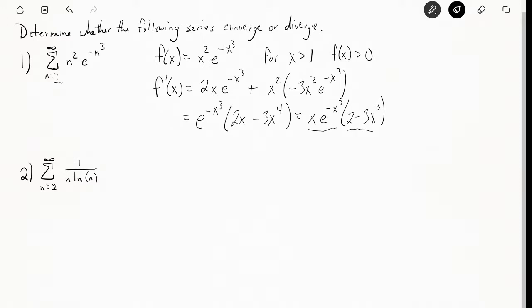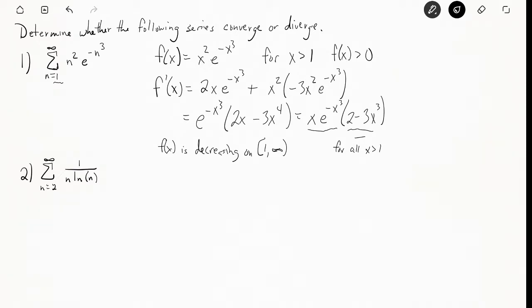So this is negative for all x greater than 1, so this function is decreasing on the interval 1 to infinity. Does that make sense on that part? Without seeing any questions, I'm going to assume that we're good on that part.